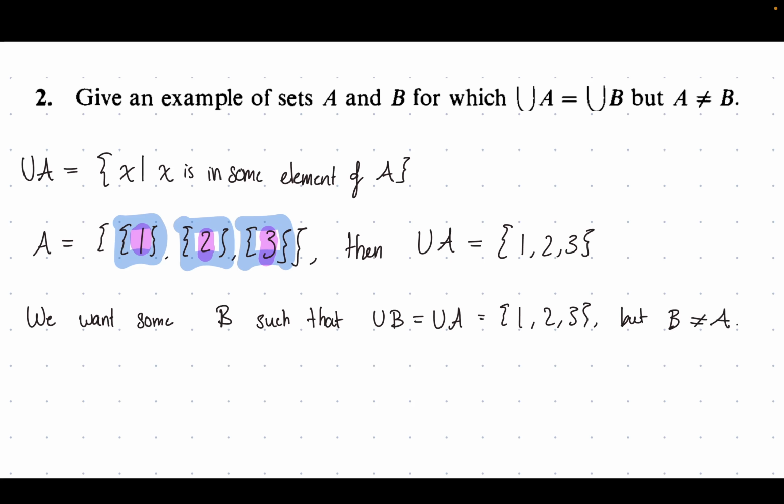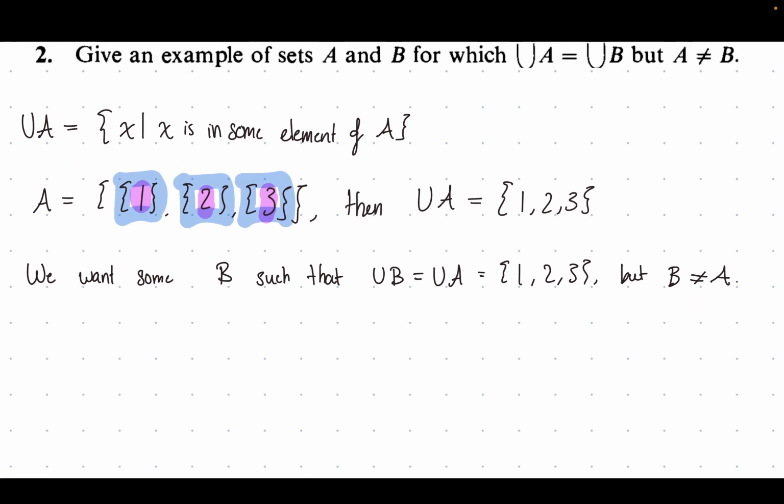Now, there's several ways to go about this. I think that the main insight is that these 3 elements, 1, 2, and 3, that we had here on our set A were just split up arbitrarily, and we can split them up in any other way we want. So what I did to solve this problem is, let's say B is a different way that we can split up these elements into smaller sets.